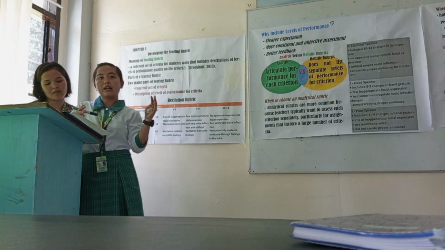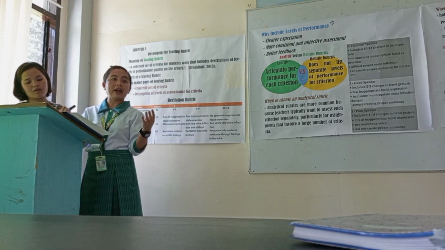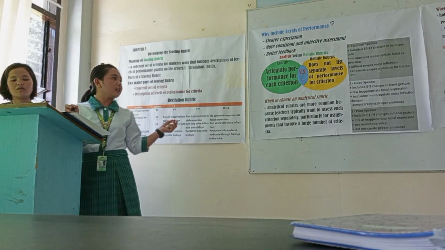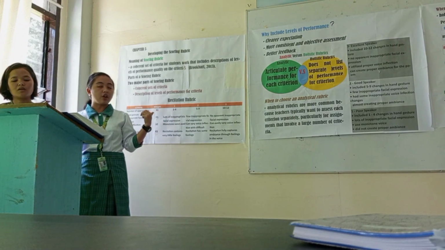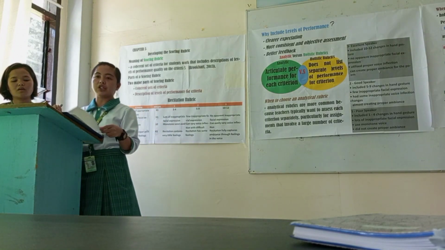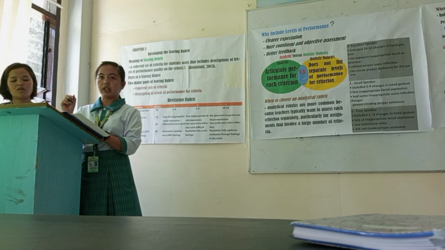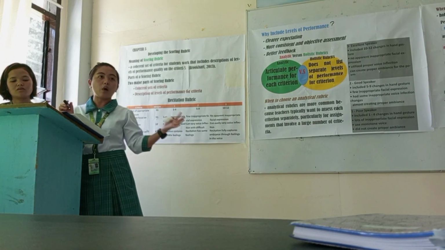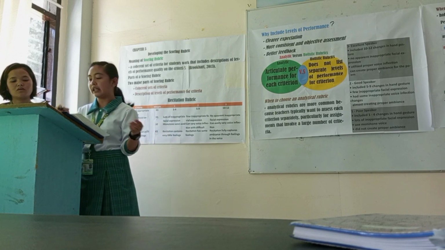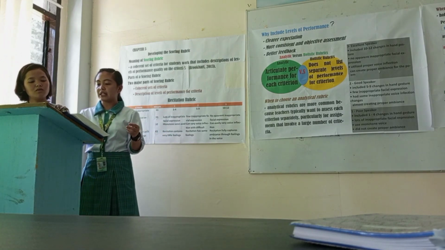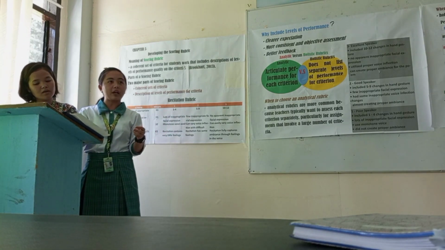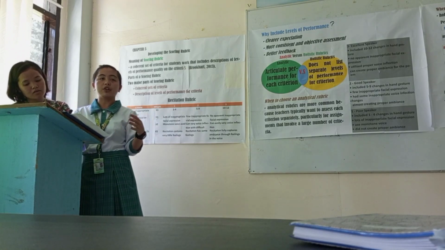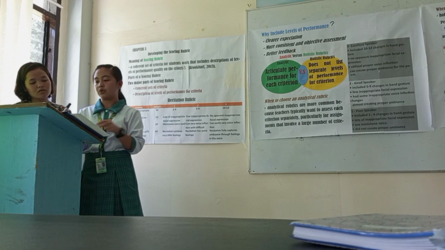For example, the other group asks the teacher why they get a lower score than the other one. Because of the scoring rubric presented by the teacher, he or she now can explain to the students why they get a lower score than the others. So that is a form of better feedback for the teacher when he or she is asked by the student.